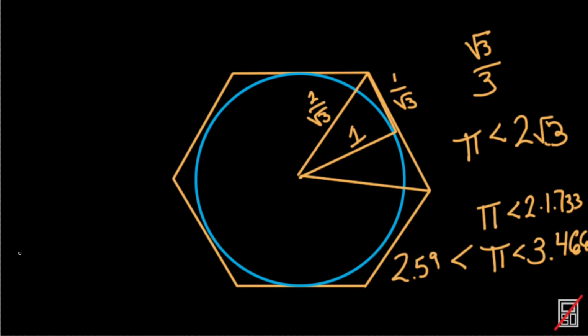Now, we can continue this using, instead of a 6-sided polygon, a 12-sided polygon. So we draw our circle.